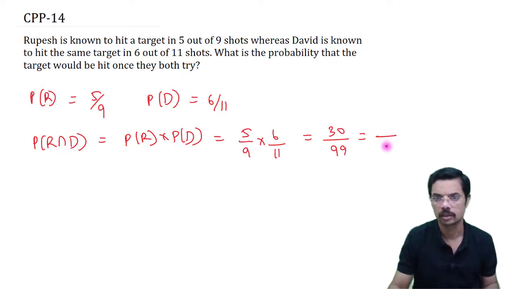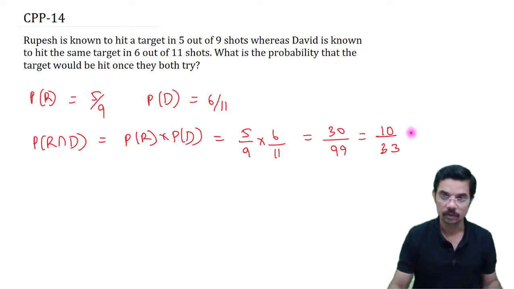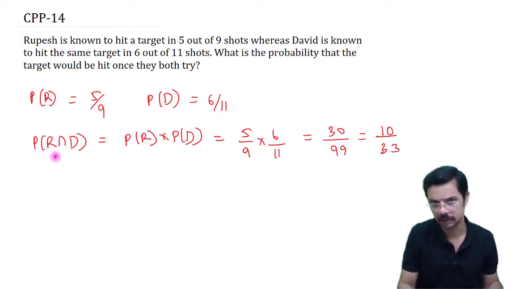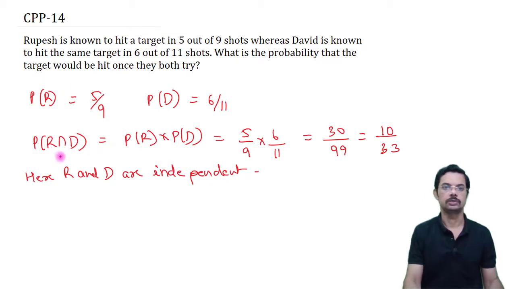So 3 3s are 9 and 3 10s are 30. So it is 10 by 33. So here R and D are independent.